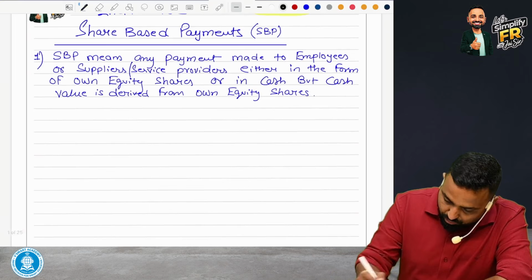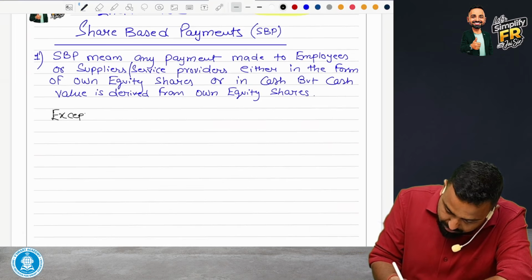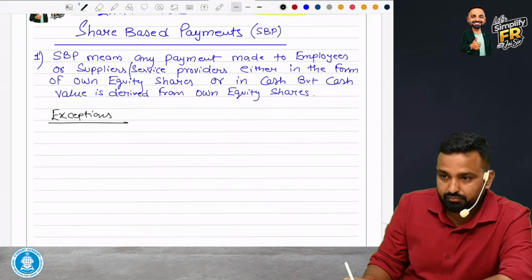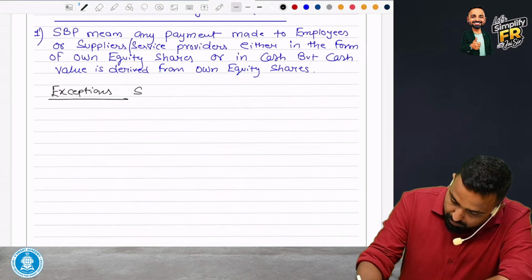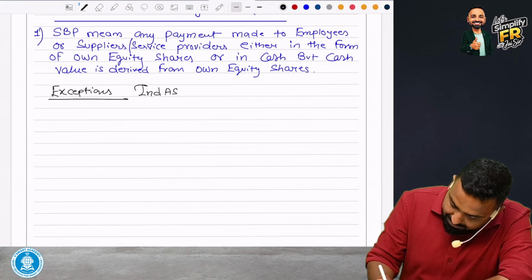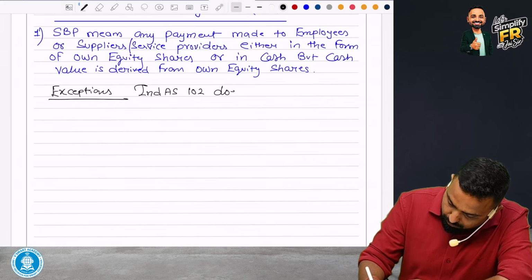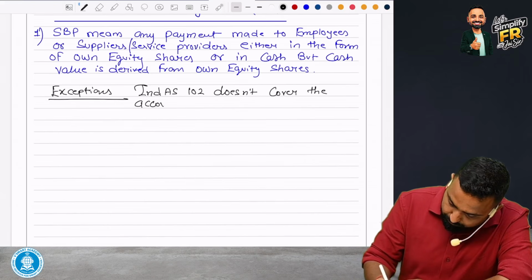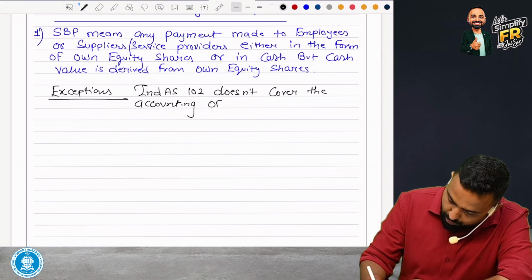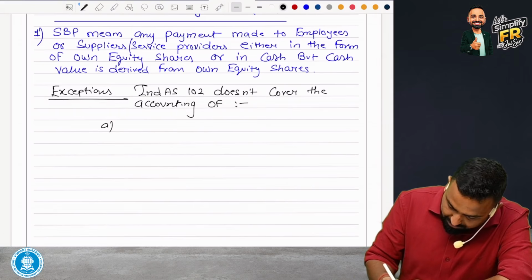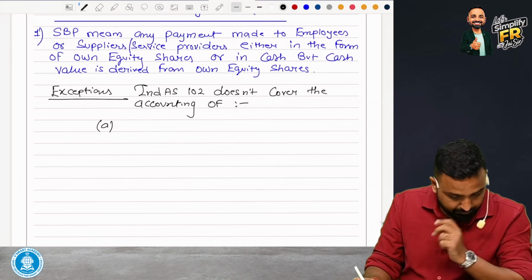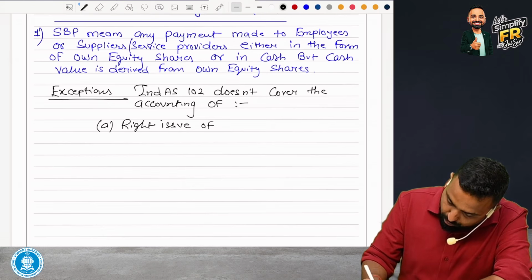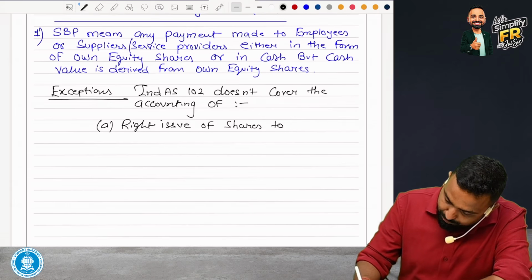Clear? Now, two exceptions. Ind AS 102 does not cover the accounting of, number one, right issue of shares to employees.